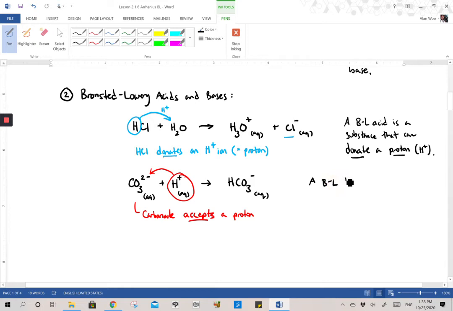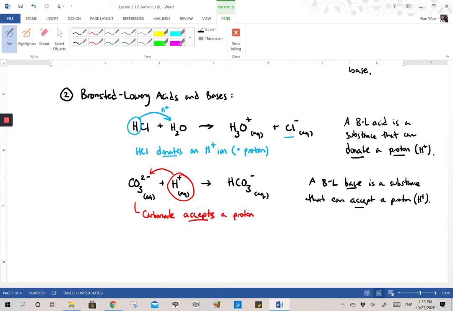So a Bronsted-Lowry base is a substance that can accept a proton from another substance. So the beauty of this particular definition is that it doesn't really change how we look at acids, but it expands on how we look at bases.